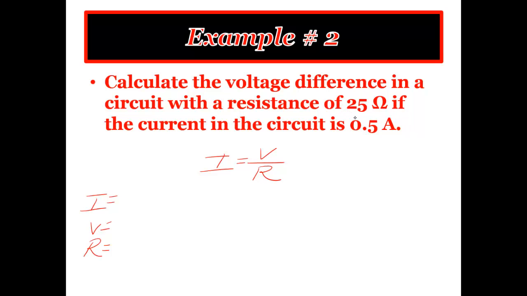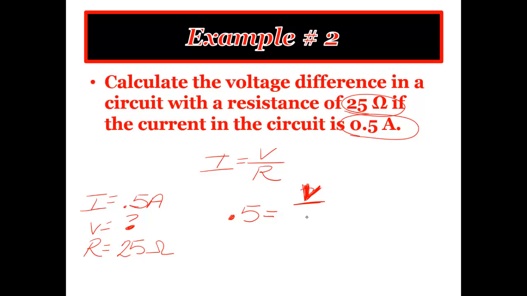They give us 25 ohms, which matches up with resistance, so this is R. And 0.5 amps is your current. We want to find the voltage, so 0.5 is equal to V, which we don't know, over 25.